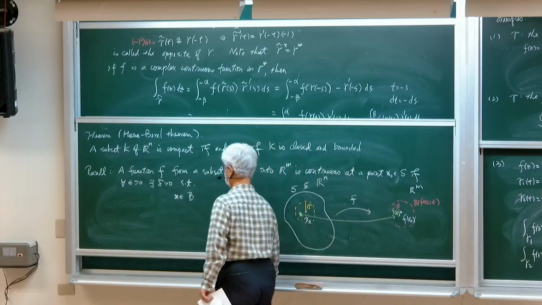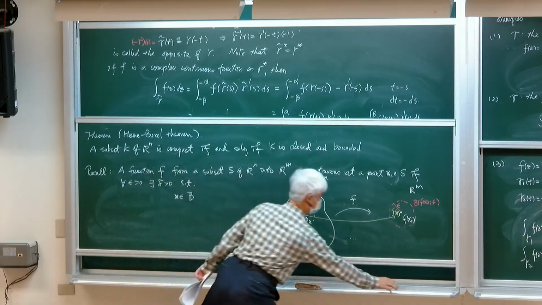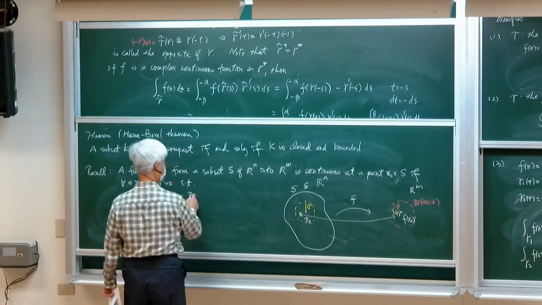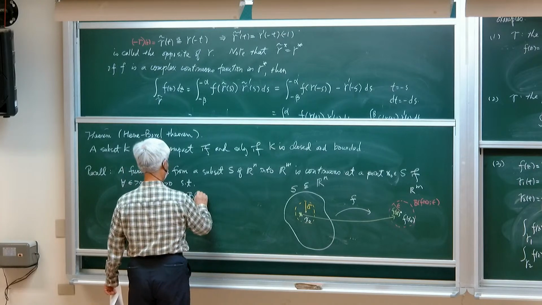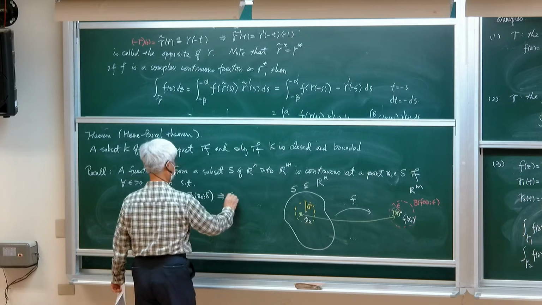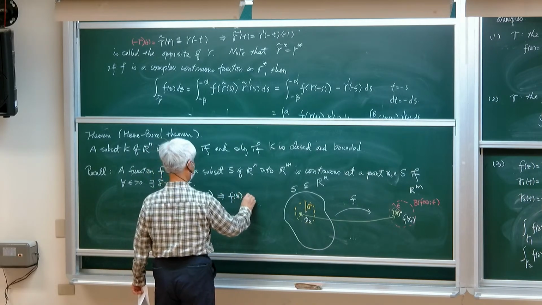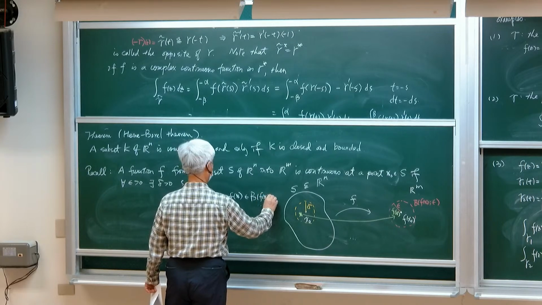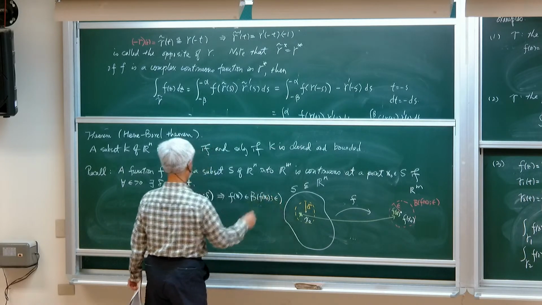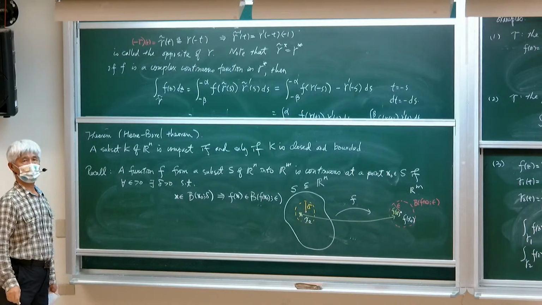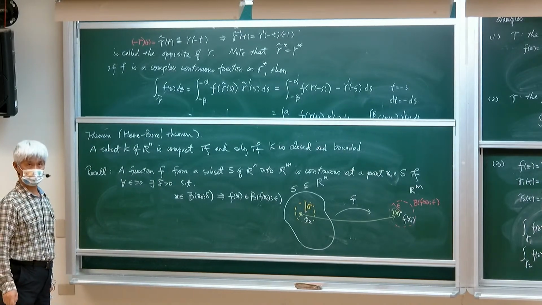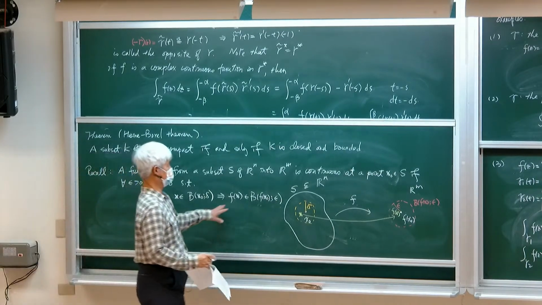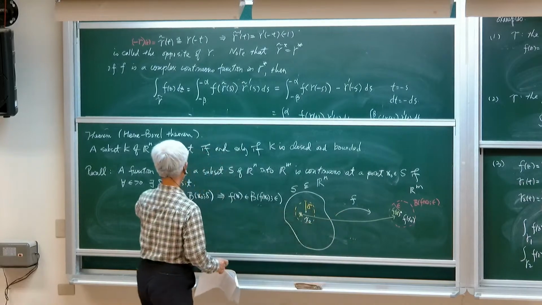So x in the delta ball implies that the image is in the epsilon ball. This is called continuity.